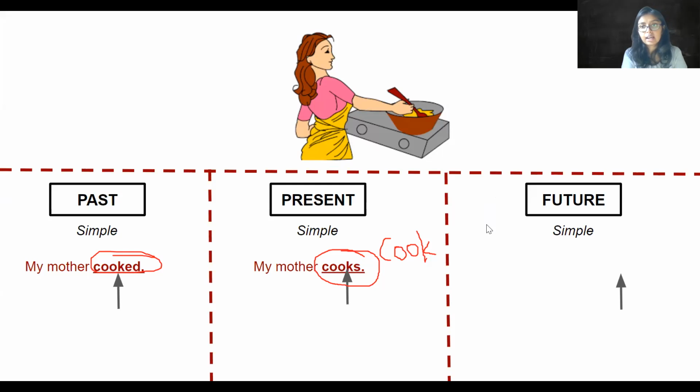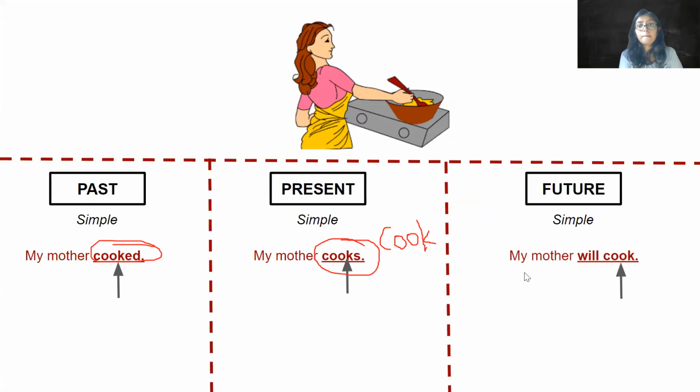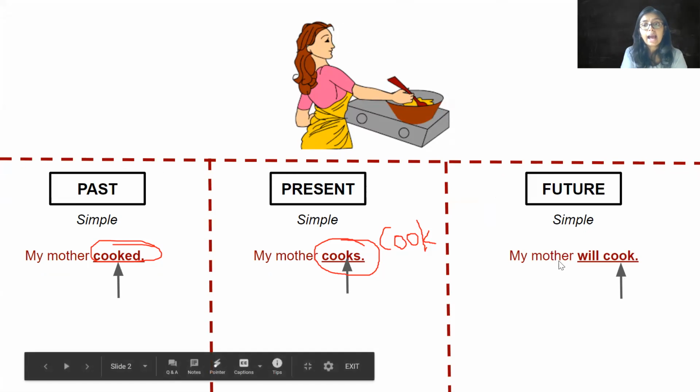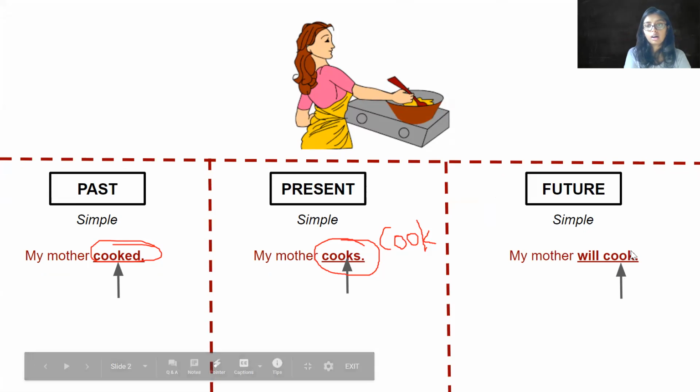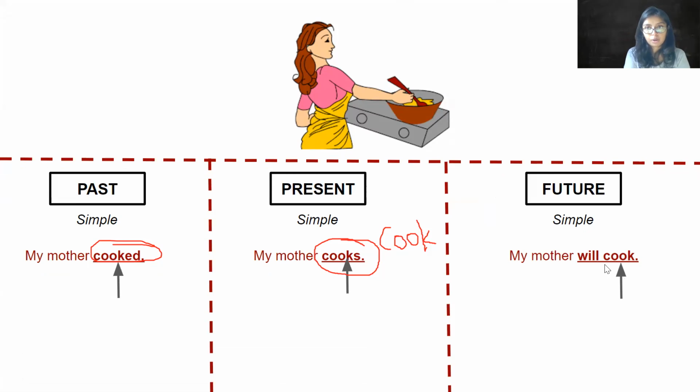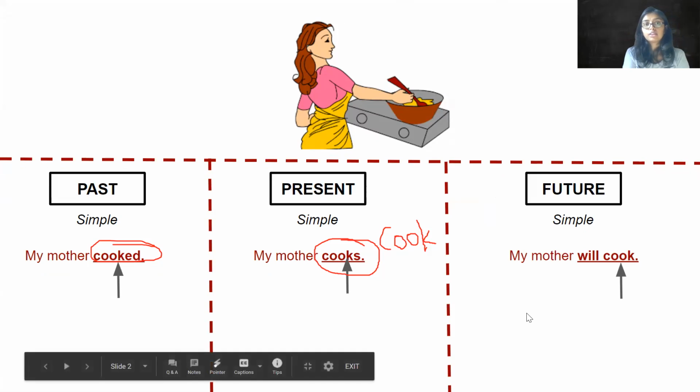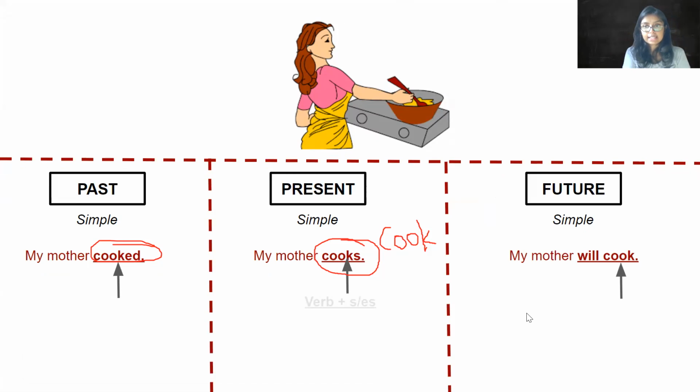Let's move ahead and see future tense में क्या है. My mother will cook. So every time we want to denote future tense, जो future में होने वाला है, simple future tense, we will add the word will before the actual verb. So the actual verb here is cook, and we will add the helping verb will to make it a simple future tense sentence.